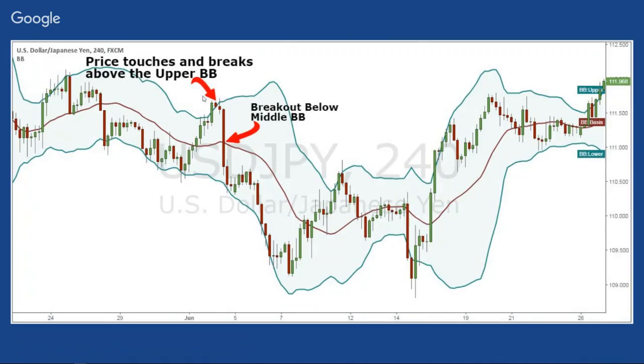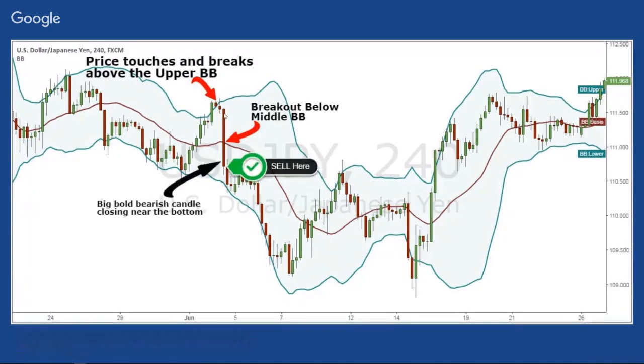This is a perfect setup. You won't always see a perfect setup, of course, but you probably can expect it to be a much higher probability setup if you see step 3, and that is this needs to be a big, bold candle, wide candle, as we say.